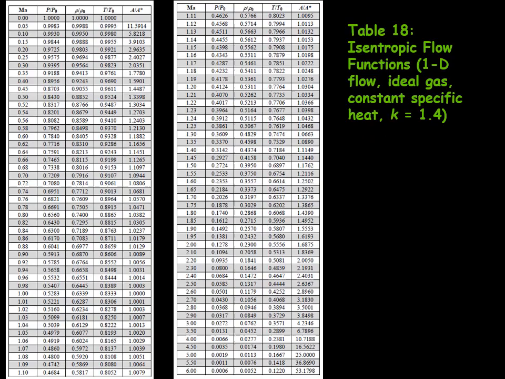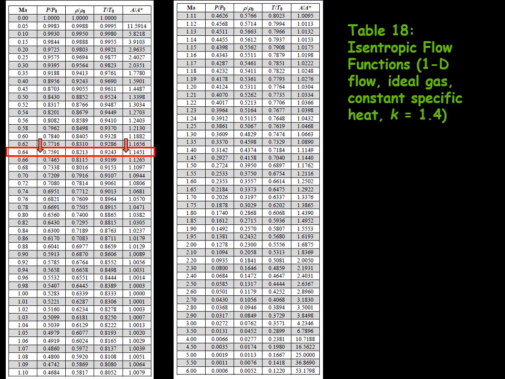So let's jump into Table 18. Remember, Table 18 is for isentropic flow, ideal gas, constant specific heat, so we are meeting our conditions. We remember that our Mach number was 0.64, right here on our table, and we can pull two values out.